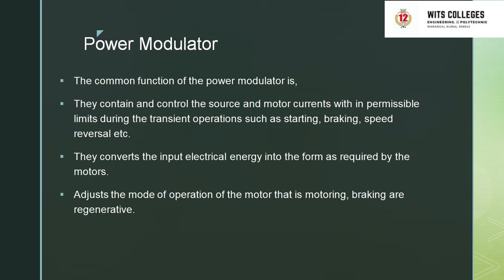Next, chopper converters are DC to DC converters, which convert the fixed DC voltage to the variable DC voltage. Next, inverters, which convert the DC voltage to the AC voltage, and cycloconverters, which convert the fixed frequency and fixed voltage AC to the variable frequency and variable voltage AC.